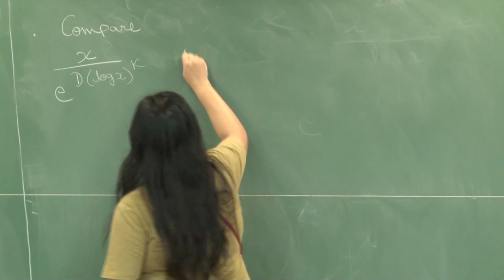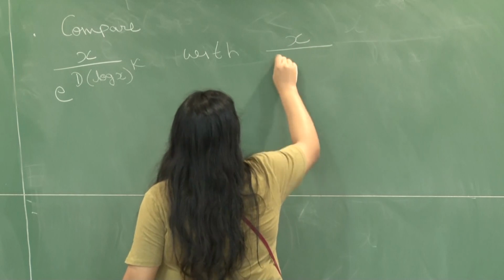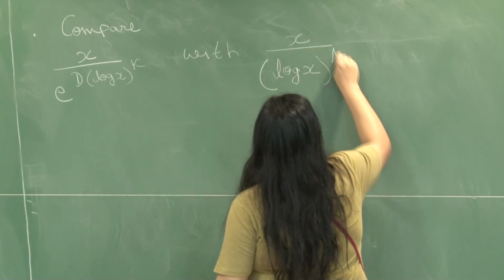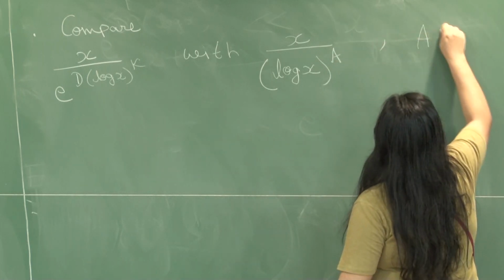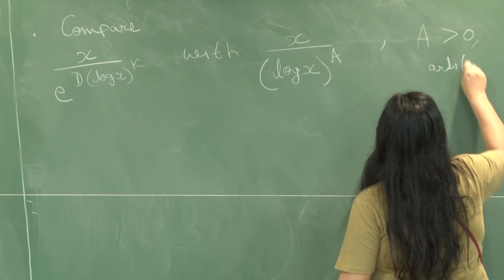Compare this with x over log x raised to the a, where a is greater than 0, positive, and it could be arbitrarily large.